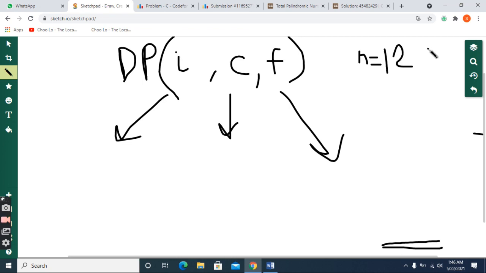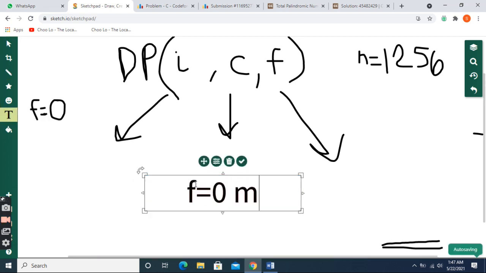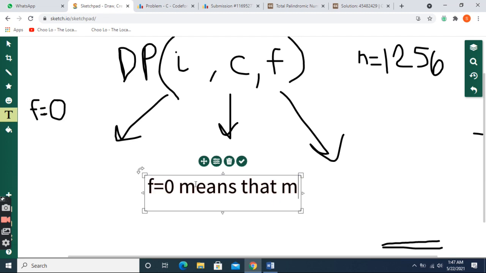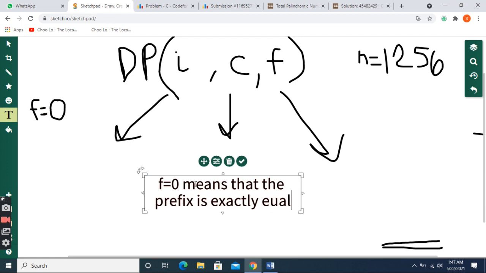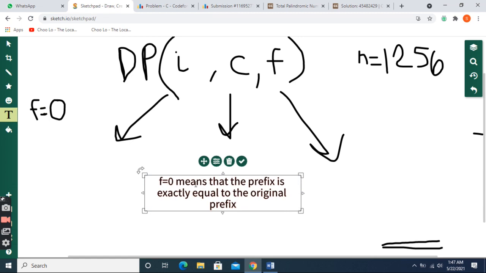N was 1 2 5 6, and let's say that my flag is equal to 0. Flag equal to 0 means that the prefix that I have built is exactly equal to the original prefix, right?